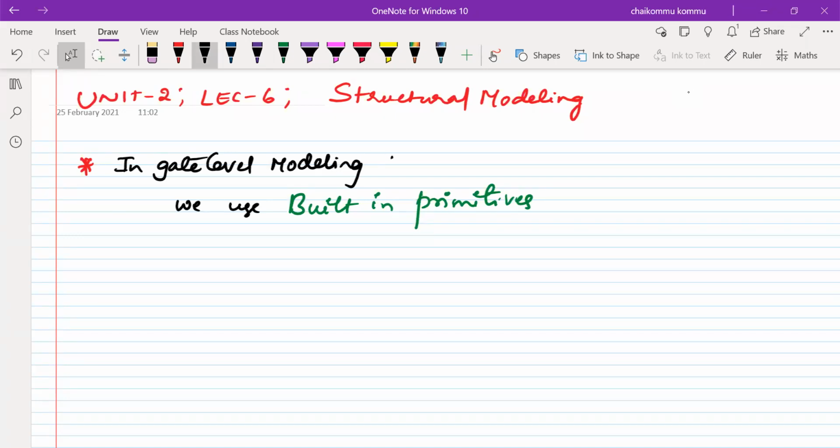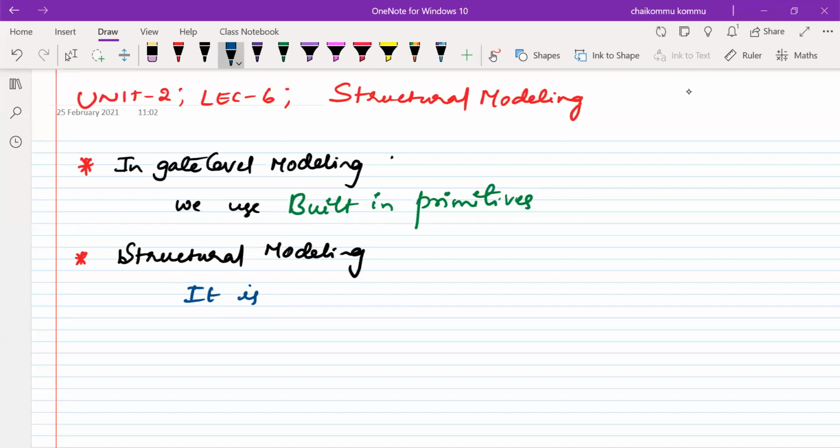Whereas structural modeling is similar to gate level modeling.